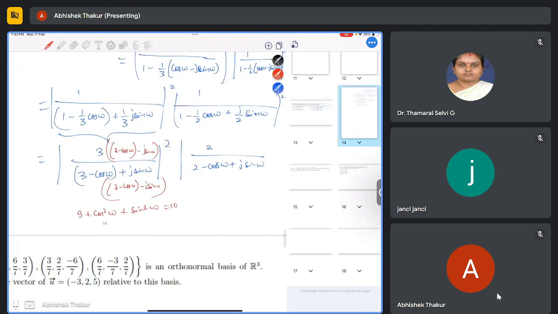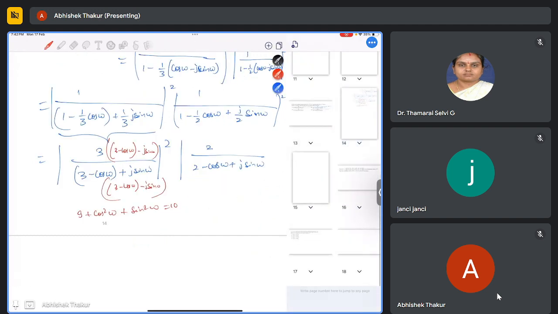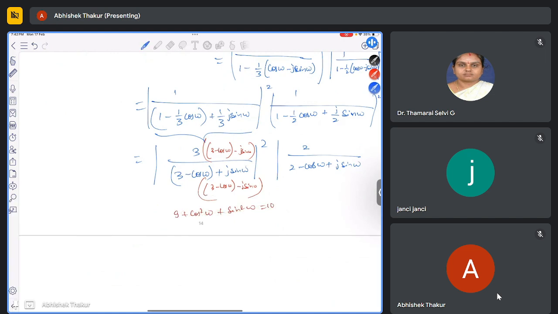So similarly, our answer will be 3, 3 minus cos omega minus j sin omega divided by 10.